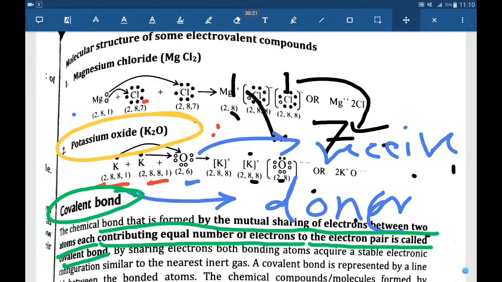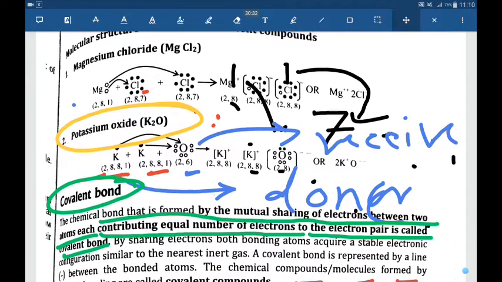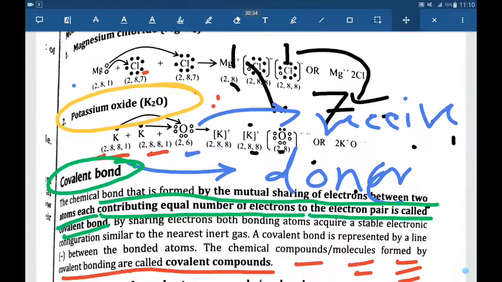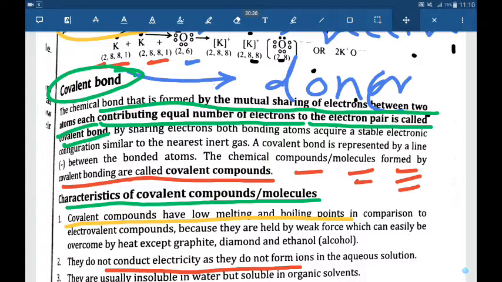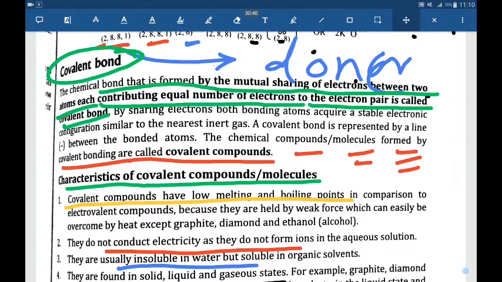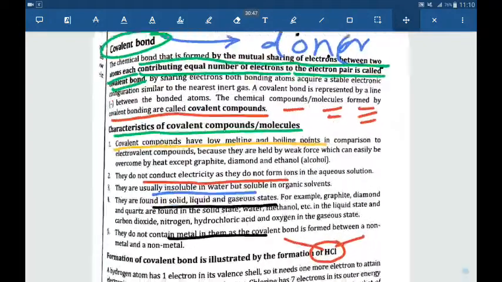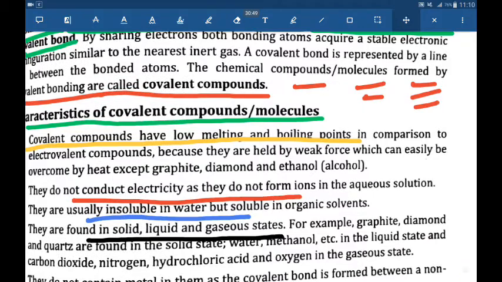Write down the molecular structure of magnesium chloride. Next question. Define covalent bond and covalent compounds.